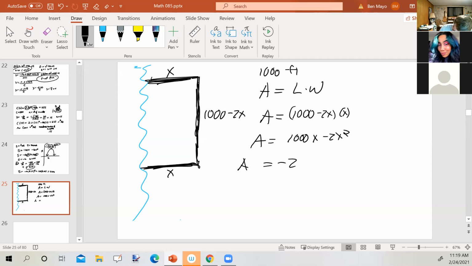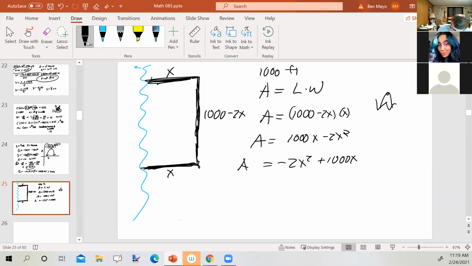If I write it in descending powered form, I get that. That's a parabola opening downward. My input is X, that's this distance. My output is A, that's the area. I want to maximize the area.